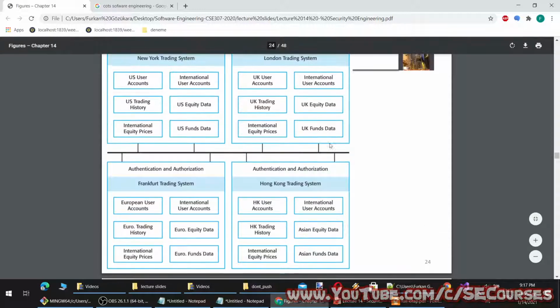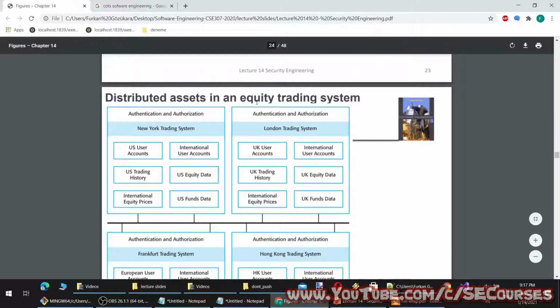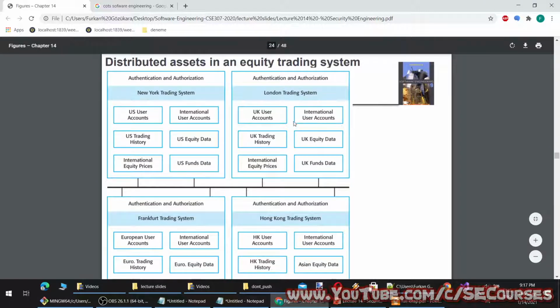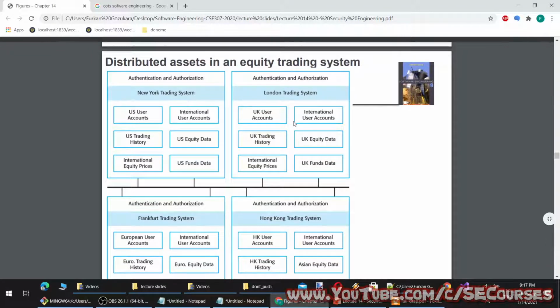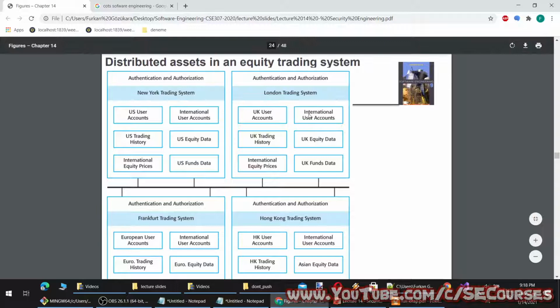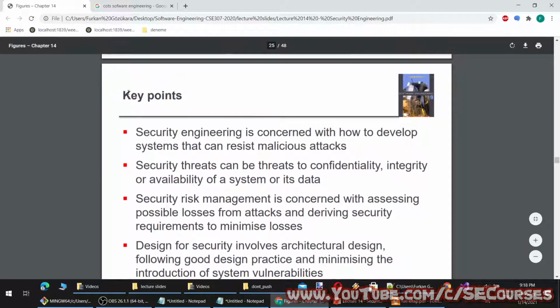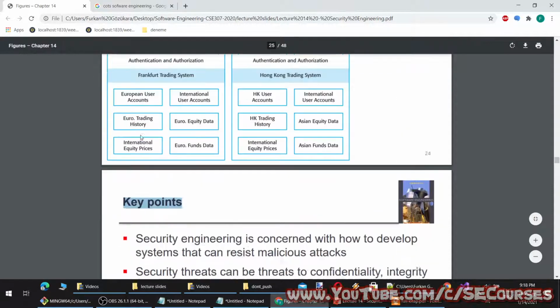You see, the equity trading system is split into four main parts, based on the London, Hong Kong, Frankfurt, and New York trading systems. If the London trading system becomes unavailable, then they may use international user accounts of the Hong Kong trading system and such, or the other areas may still continue working.